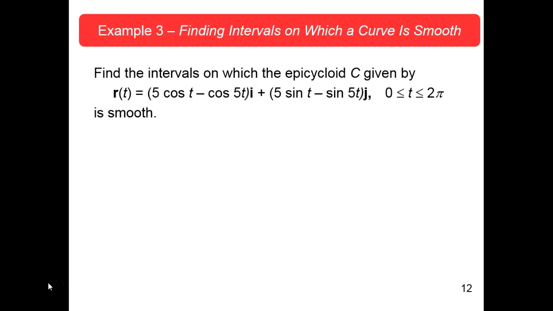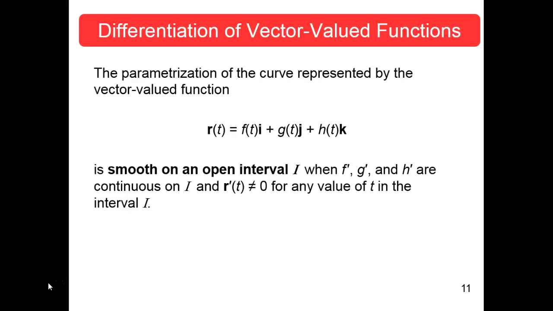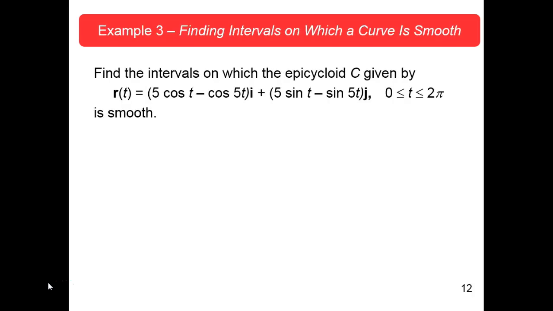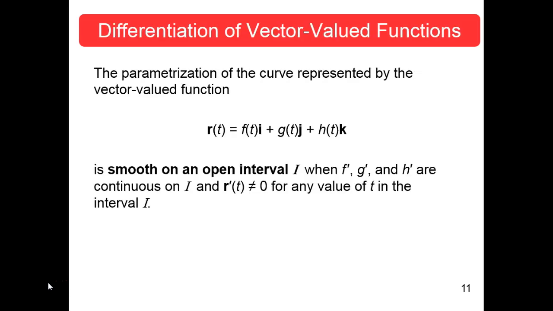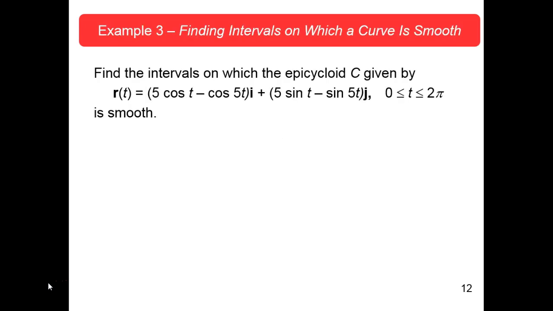Okay? Now, what is meant to be smooth? The derivatives must all exist and be continuous, and the overall function r prime not equal to 0 for any t on the interval. Okay, so guess what we're going to do first? Take your derivatives. Now, we don't have an h derivative here because there's no h component. That's in 3 space, we're in 2 space. So we're just doing f and g here.